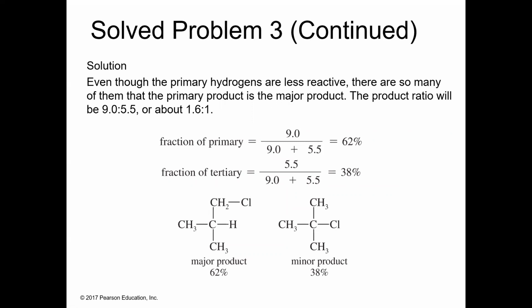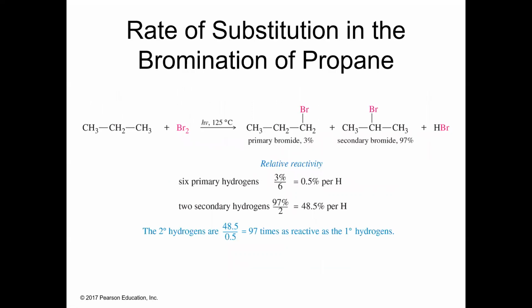Tertiary CH is much more reactive, but there's only 1 of those compared to 9 of the primaries. Okay, well, it turns out with bromination, bromine is actually much more selective. The difference in reactivity between primary, secondary, and tertiary is much greater.